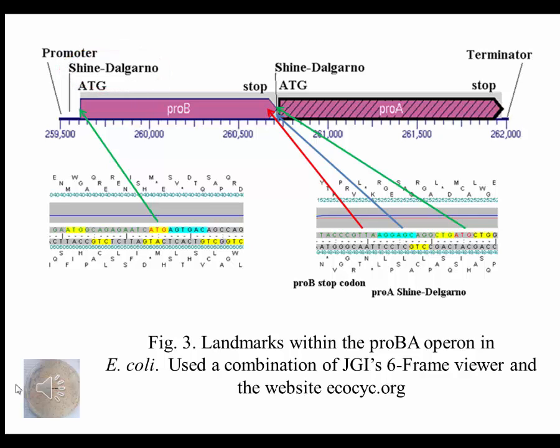However, I was not able to identify a Shine-Dalgarno sequence in front of proB using the GENI-ACT 6-frame viewer program. I'm sure there's one there, but there's not an identifiable one. But there is an identifiable Shine-Dalgarno sequence in front of the proA gene, which I think might have some implications for our future complementation assay, and I'll explain that in just a minute.